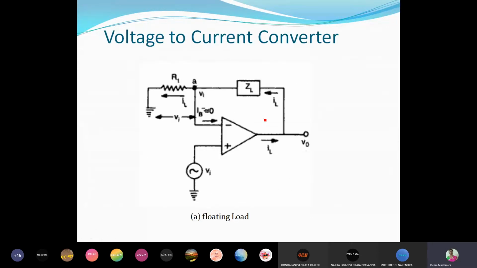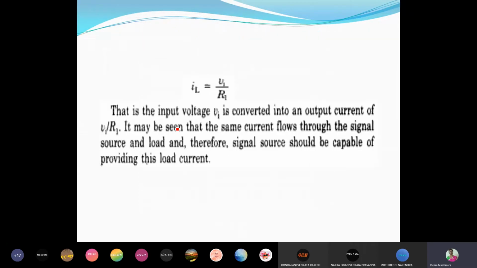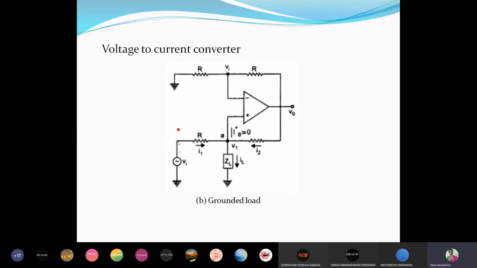Then the circuit diagram, where we have written KCL. Of course, IB is 0, so IL will be equal to the current that is flowing. This IL is the same as this current, and finally we have written the voltage drop across the resistor. From that, IL is equal to VI by R1.